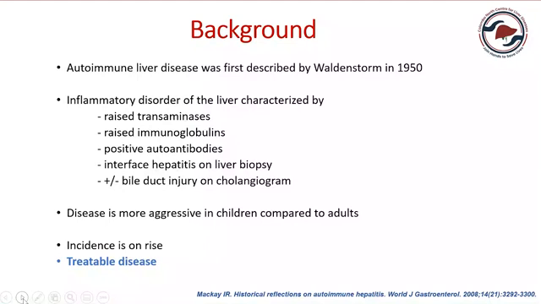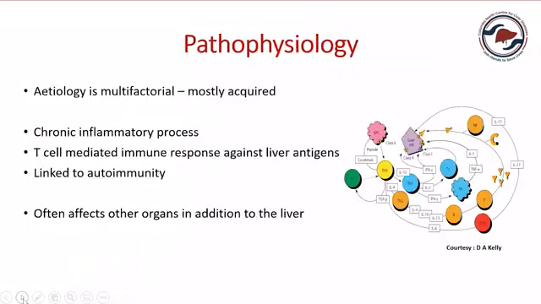A little bit about pathophysiology before we go into the main clinical presentations and diagnostics. The etiology is multifactorial in the pathophysiology of autoimmune liver disease, where you can't really say this particular genetic mutation is causing the disease. Genetic factors, epigenetic factors, and maybe environmental modifications, everything might play a role.